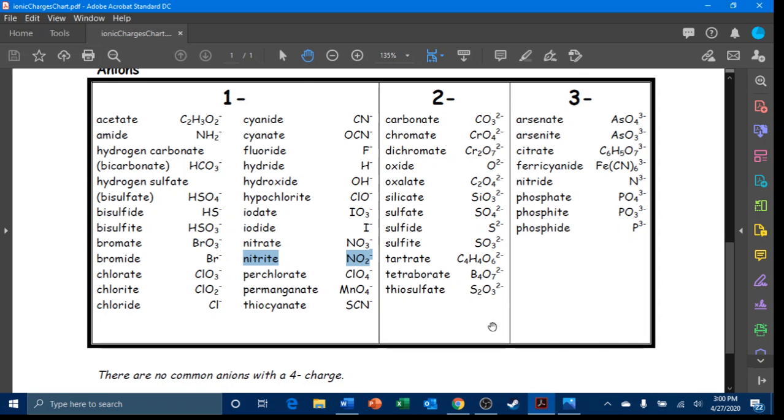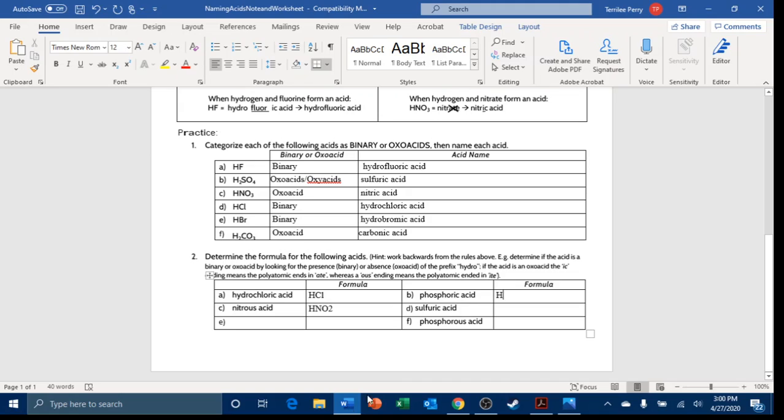So let's look over here and find phosphate, and it's right here. So phosphate is PO4. So we're going to go back over here and say PO4.